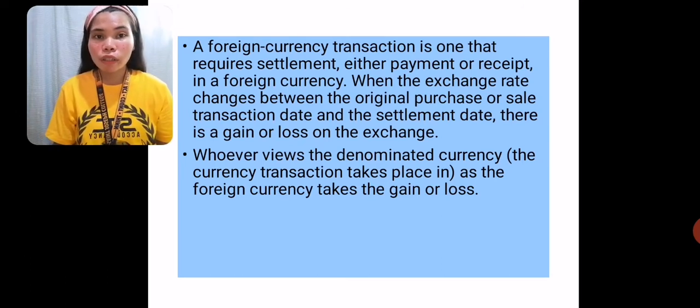The foreign currency gain is recorded in the income section of the income statement, while the profit or loss is determined by taking all revenues and subtracting all expenses from both operating and non-operating activities.